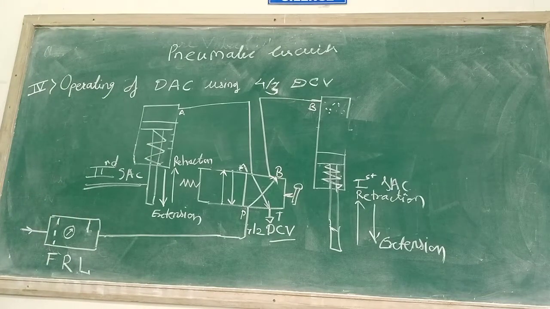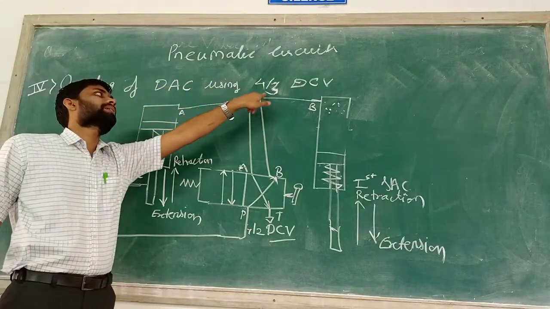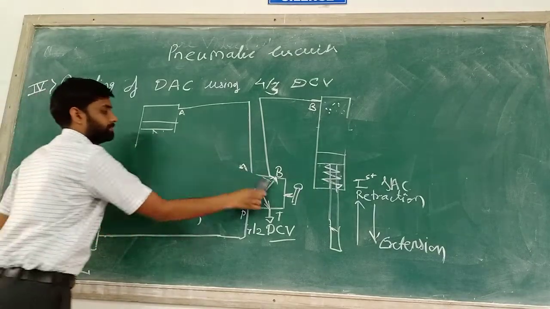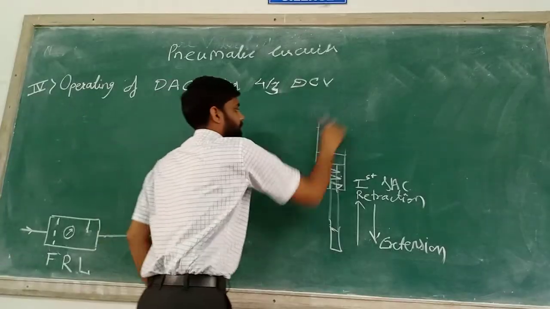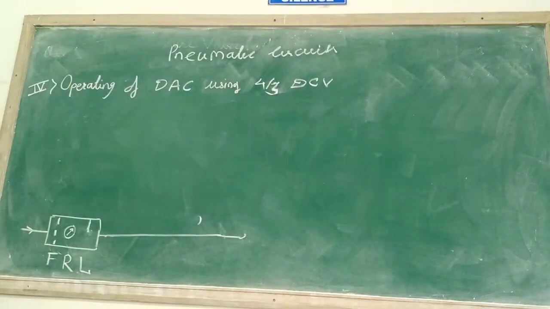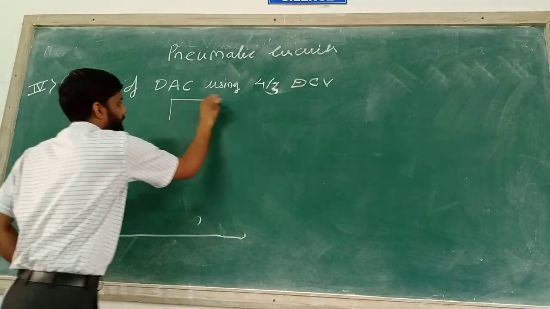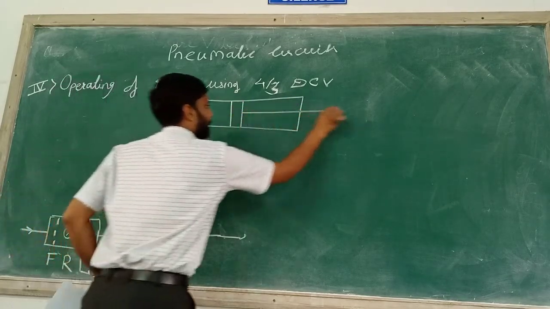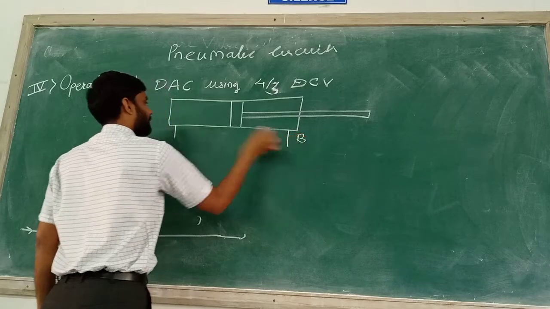So here we are going to design a pneumatic circuit which has a double acting cylinder and a single 4x3 direction control. We need to draw this double acting cylinder here first. This is a double acting cylinder.